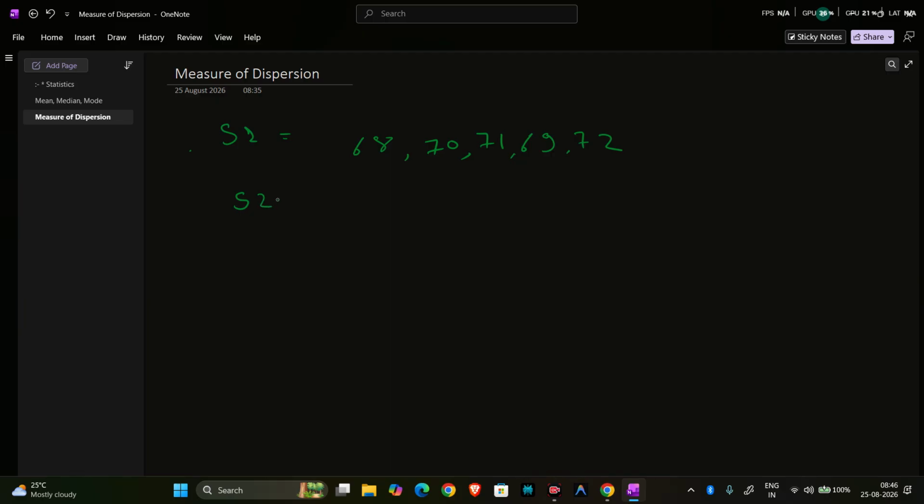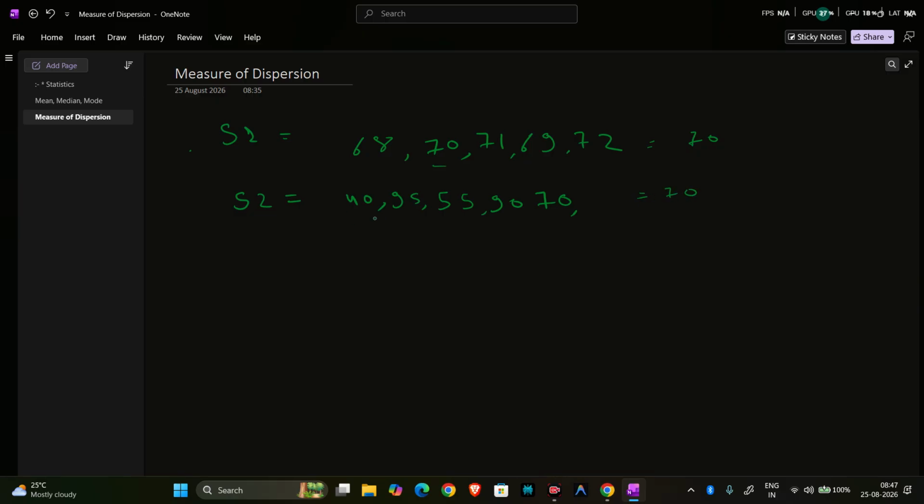And we have student 2. He has 40, 95, 55, 90 and 70. You can see this student has almost all the data nearly 70, so the average for this one is 70. And for this one also the average is 70.